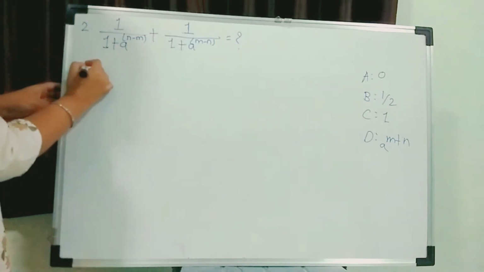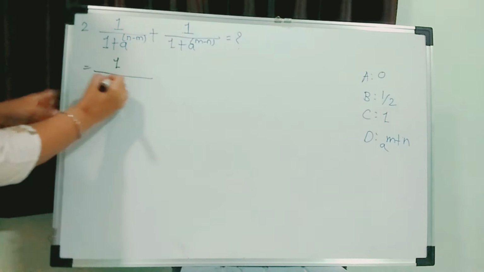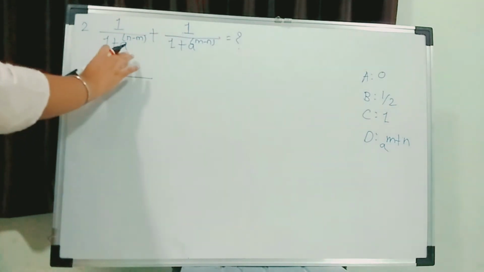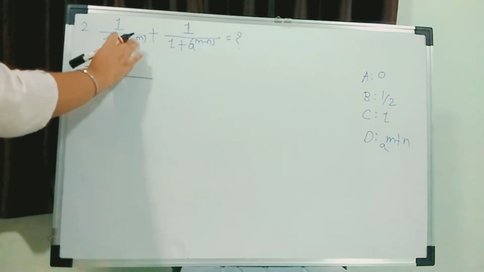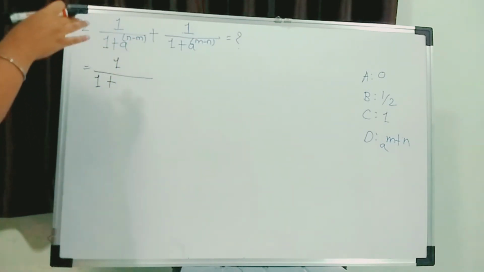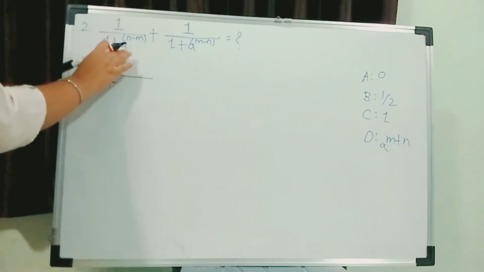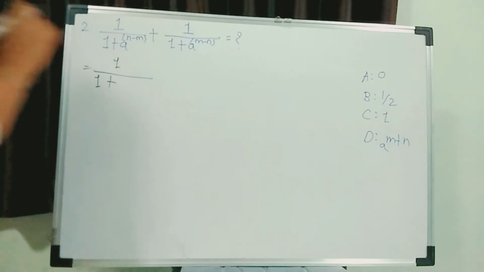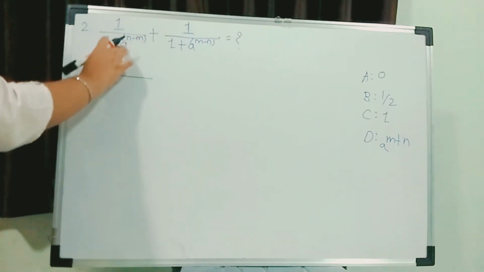Here, 1 upon 1 plus a raised to n minus m. What I have told, if there is a division and base is same, then we have to subtract the indices. Here they have given it in reverse, means they have given the minus sign in the indices and base same.